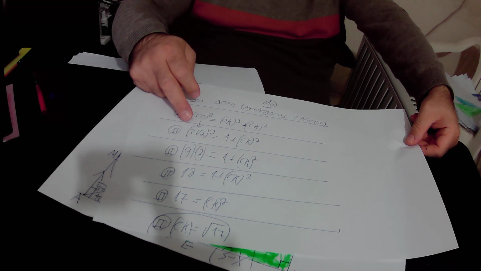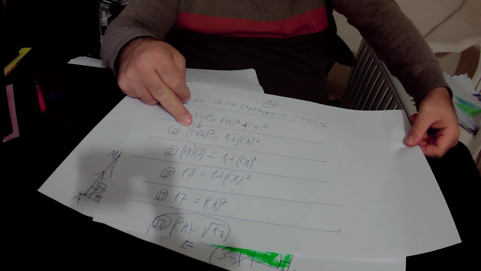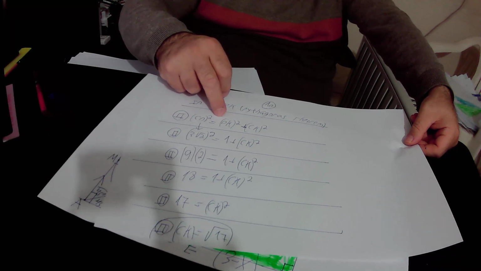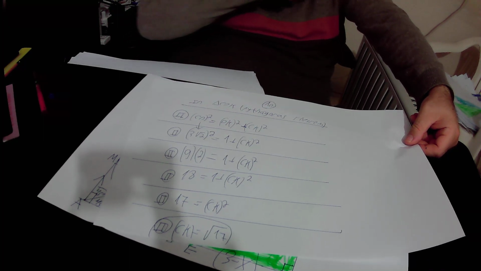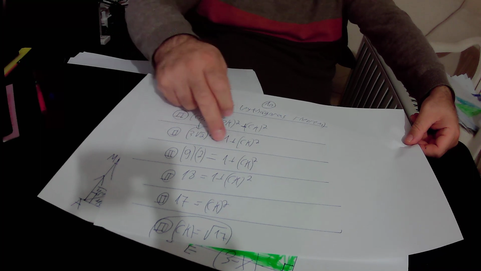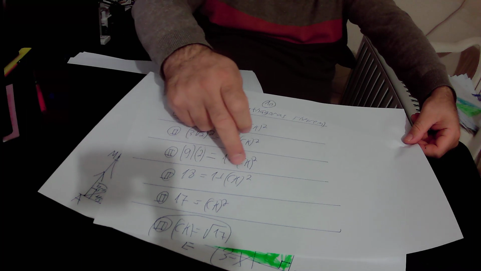CO equals 3 times square root of 2, so CO square is 3 times square root of 2 squared, and it equals OK square. OK equals 1, so OK square is 1, plus CK square. 3 times square root of 2 squared is 9 times 2, which is 18, so 18 equals 1 plus CK square.